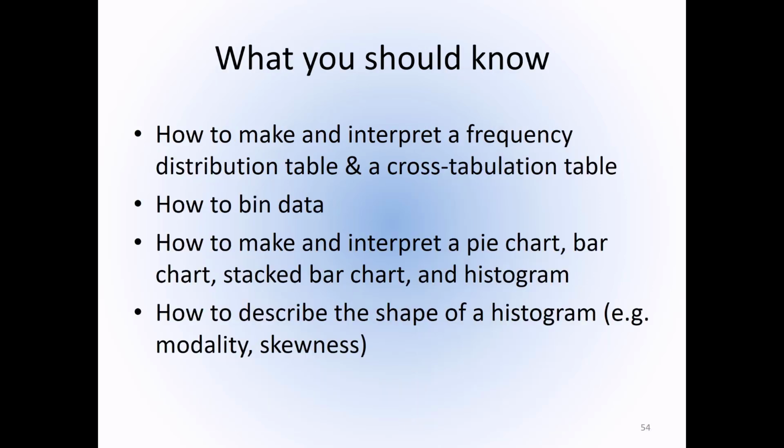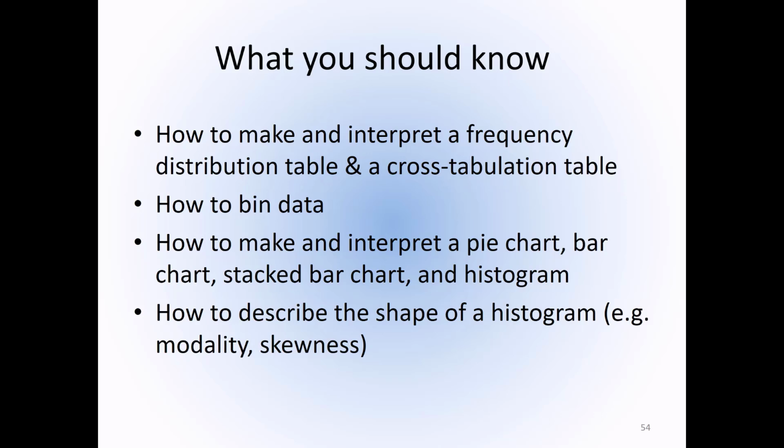So this marks the end of the videos for visualizing data. Some important things that you should know is making sure that you understand how to construct and interpret a frequency distribution table and a cross tabulation table. Again, we'll go through this in class, but something you should feel comfortable with coming into class. You should feel comfortable binning data based on the data set and the number of bins of interest.